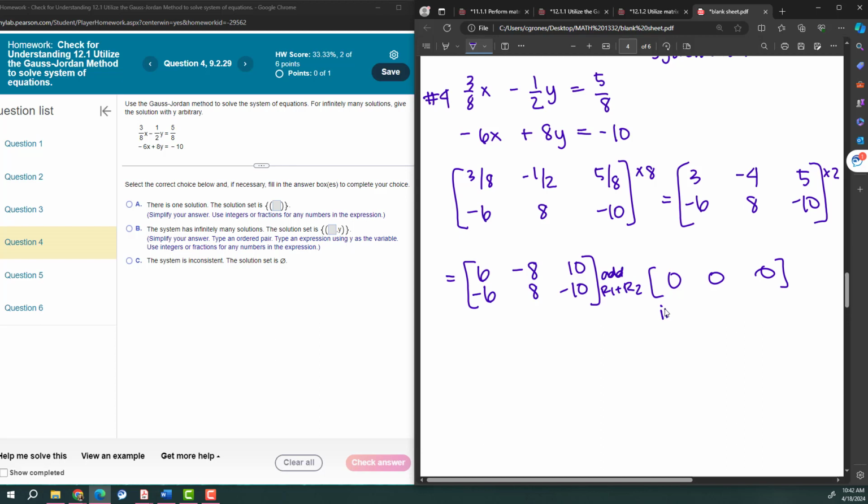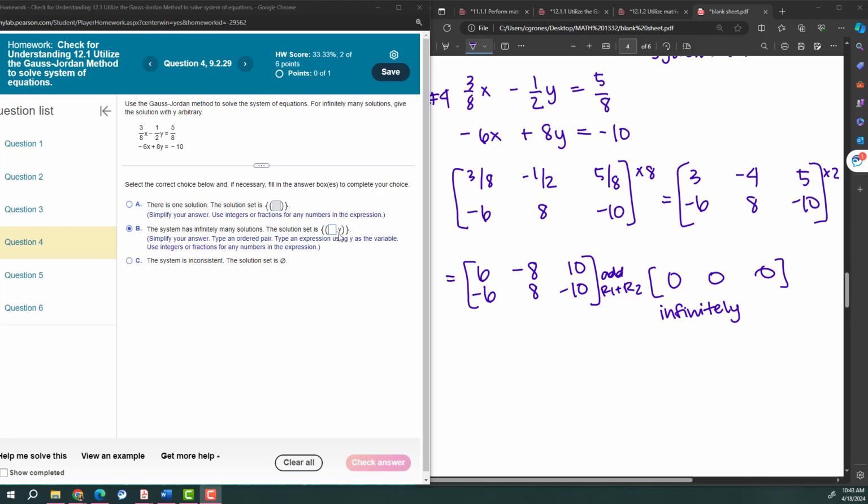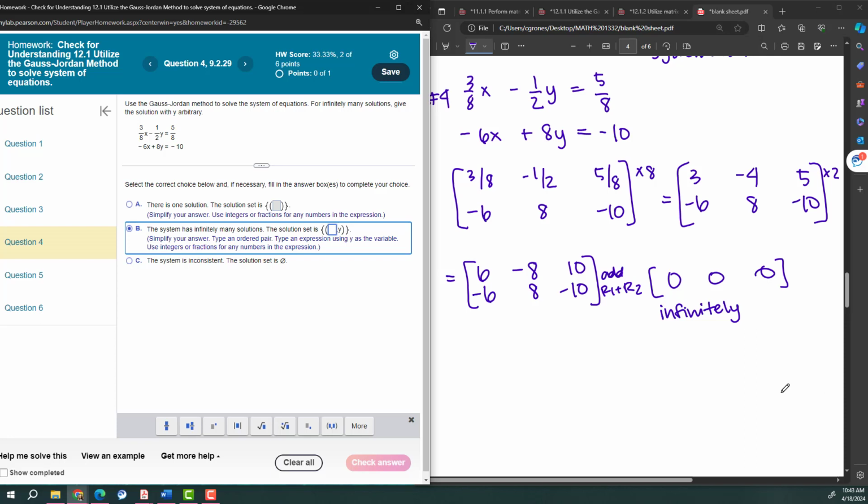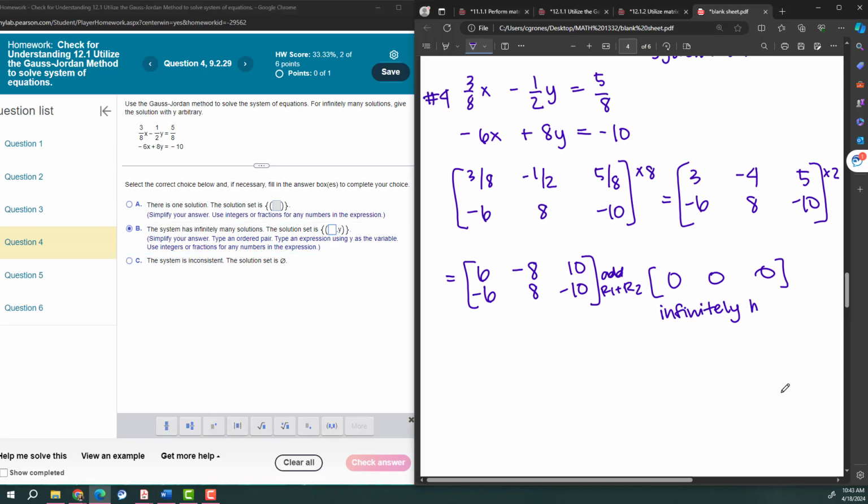What that means is there are infinitely many solutions. So they have y in here, so we need to figure out what x is. So infinitely many solutions. I'm just going to take our second equation because it's easier to work with. -6x plus 8y equals -10, and we're going to solve for x.